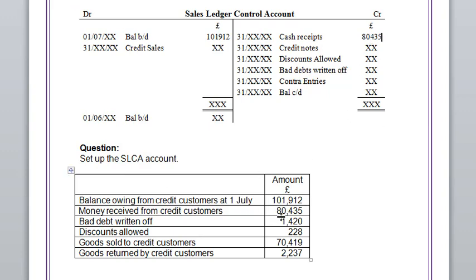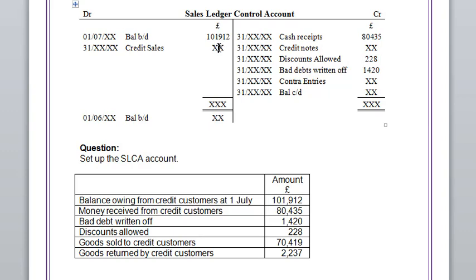Bad debt written off. It's going to reduce the amount that is owed to you. Discount allowed. It's going to reduce the amount that is owed to you. Goods sold to credit customers. You are selling some more and selling some more. They're owing you.